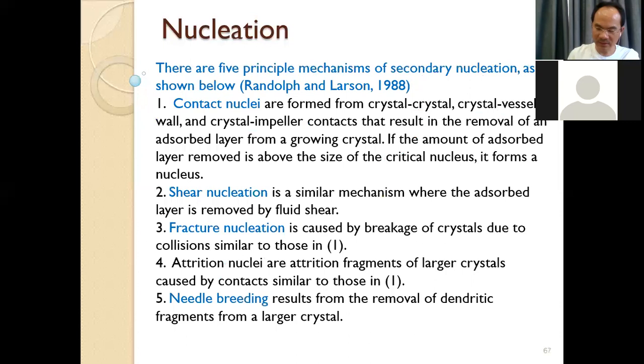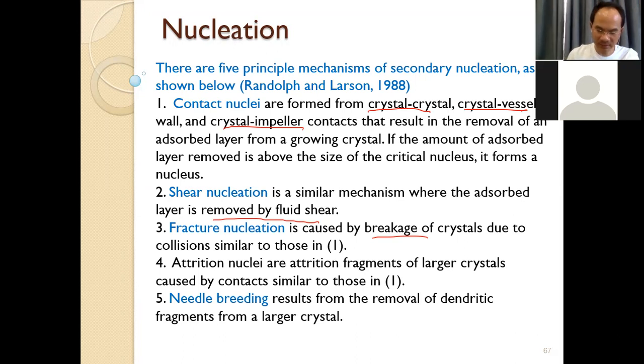For the contact, crystal-vessel, crystal-impeller, it may remove the adsorbed surface to become a new crystal, or it may be removed by the fluid shear. And the third step is to break one crystal into 2, 3, 4 crystals, something like this.